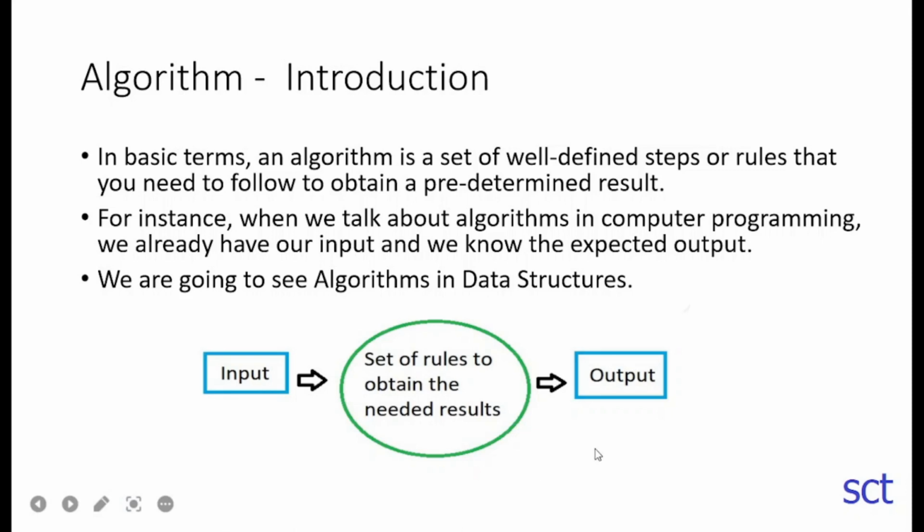So, here we have a predefined output which is required, and there are some inputs. We write a set of rules to take the inputs and give the predetermined results. That is why we say an algorithm is a set of well defined steps or rules that you need to follow to obtain the predefined result.